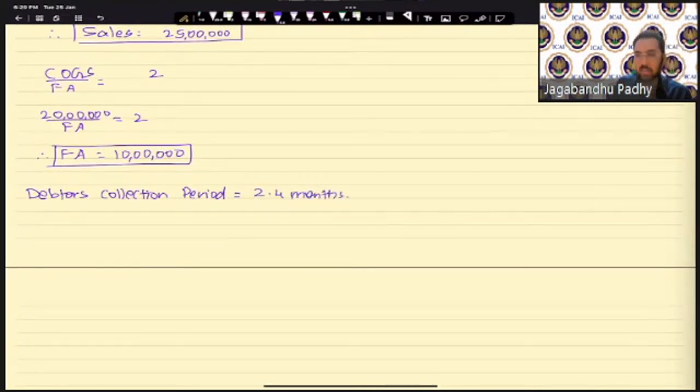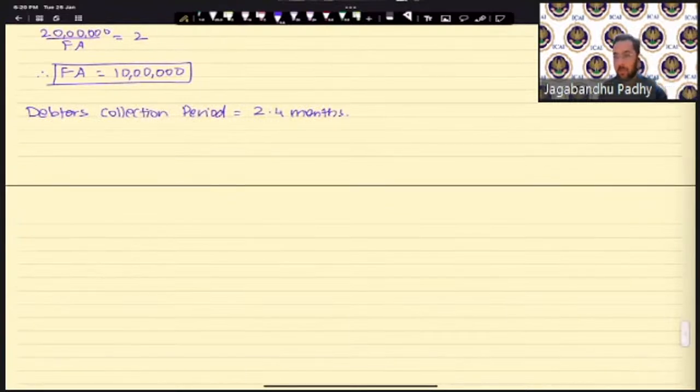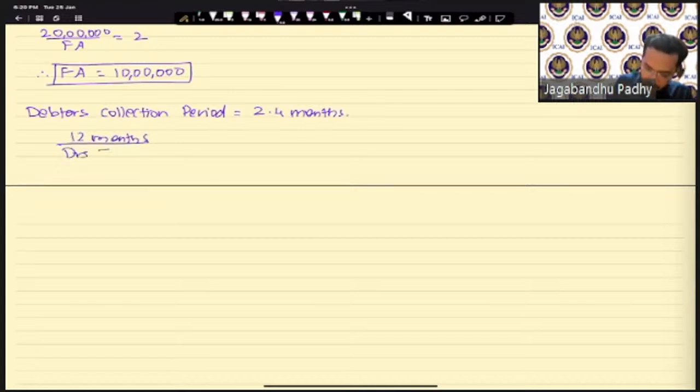We know debtors collection period is computed as 12 months divided by debtors turnover ratio. Debtors turnover is credit sales, or let's consider all the sales to be on credit, so sales upon debtors, that's 2.4.